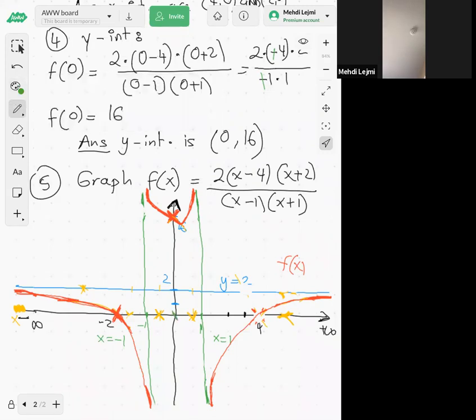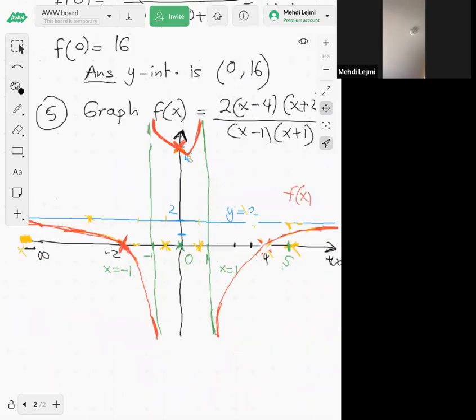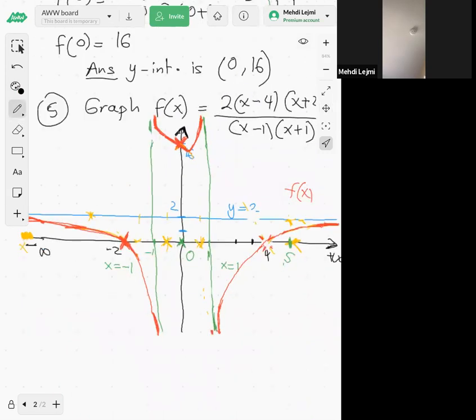Let's say here at 0. I'm not sure if my graph is in the right place. I can pick a random number, for example here at 5. If you pick x equal to 5, you plug 5 into your function f. So let's check our graph.